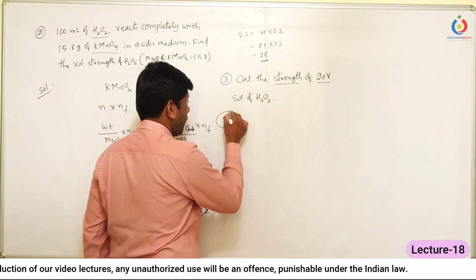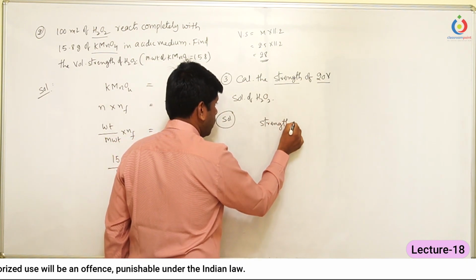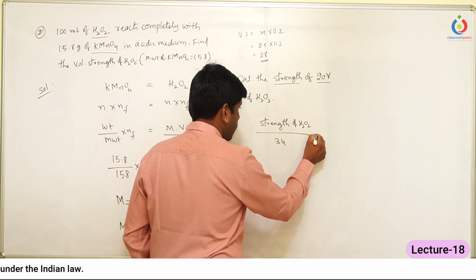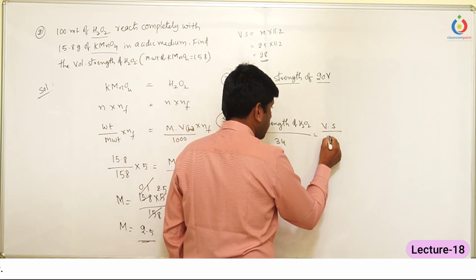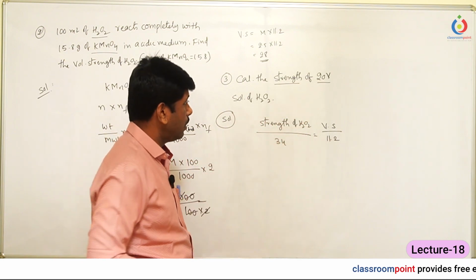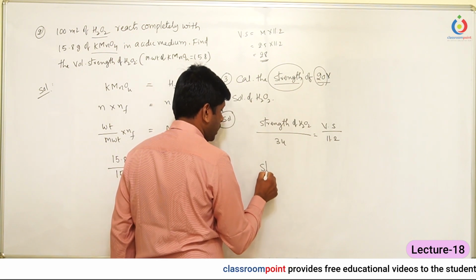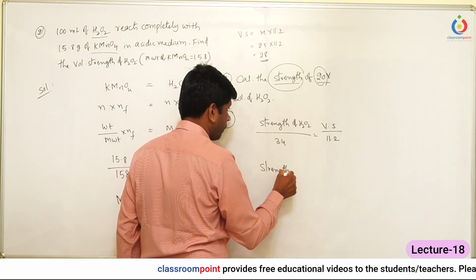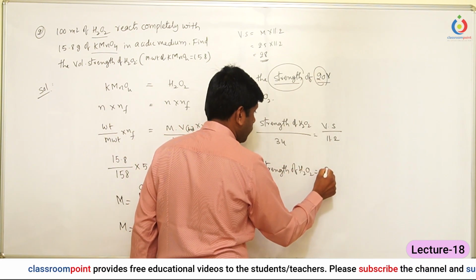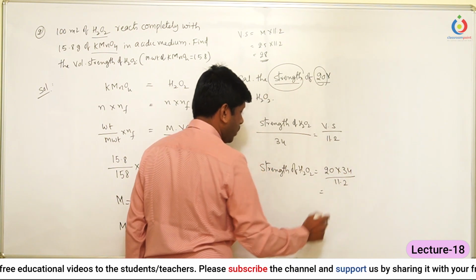So for the solution, we have already made a relation: strength of H2O2 divided by 34 equals volume strength divided by volume. Strength means molecular mass, volume strength means volume. So volume strength is given and now they are asking the strength. So strength of H2O2 equals the volume strength value 20 into 34 divided by 11.2.